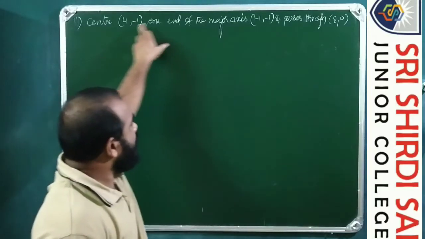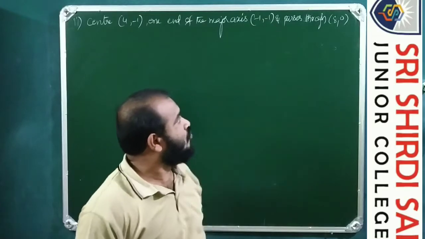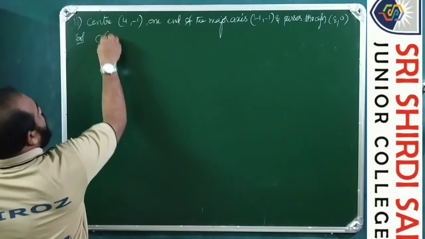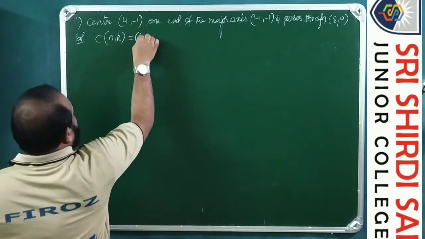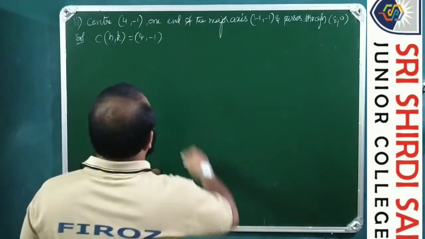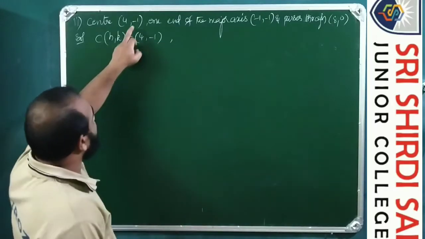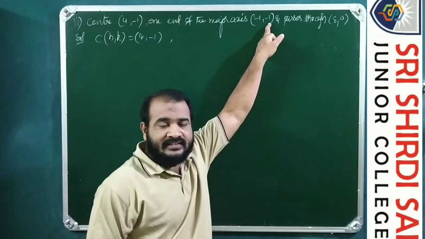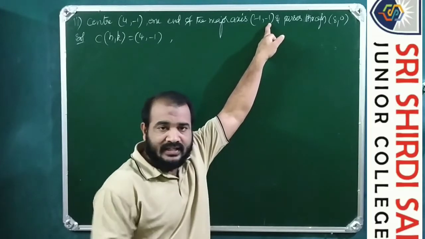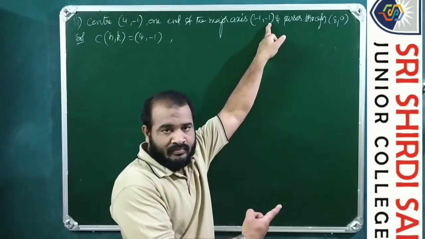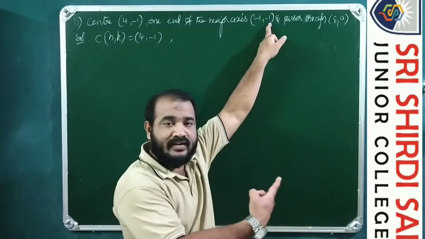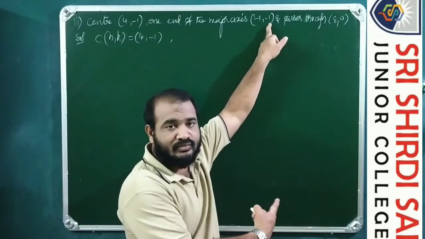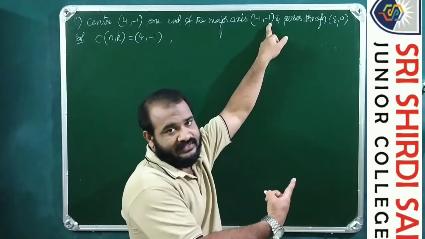Center (4, minus 1), one end of the major axis (minus 1, ...) and passes through (8, 0). So C (h, k) is (4, minus 1), and for the major axis here the y coordinates are equal. If the y coordinates are equal, the major axis is along the x axis, but here shifting of the origin has taken place because of the form (x minus h) whole square by a square plus (y minus k) whole square by b square equals 1. Therefore not along the x axis but parallel to the x axis.